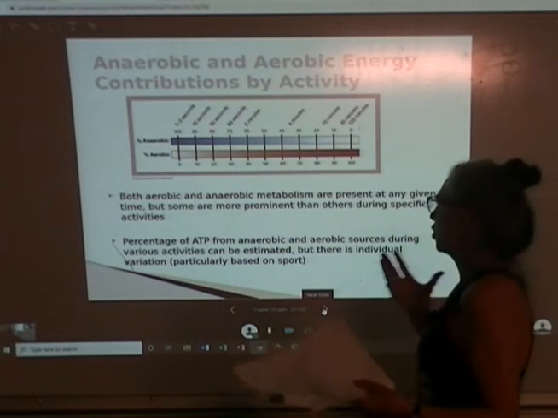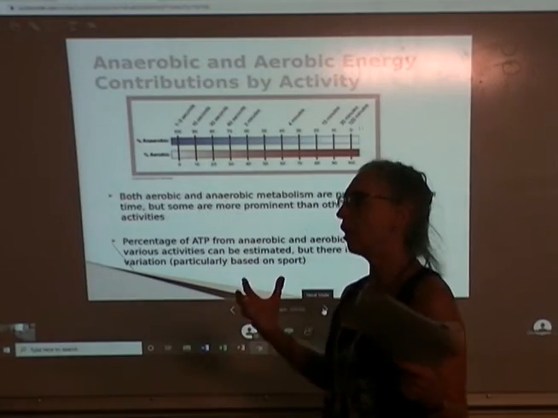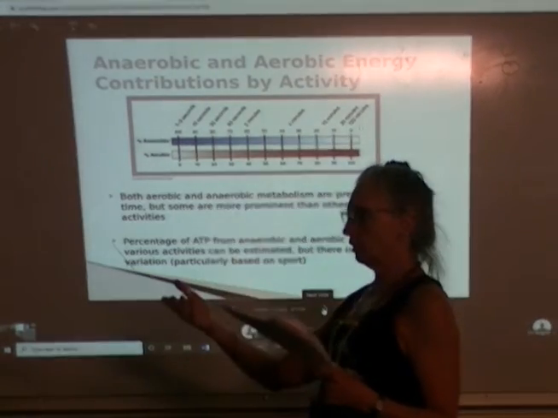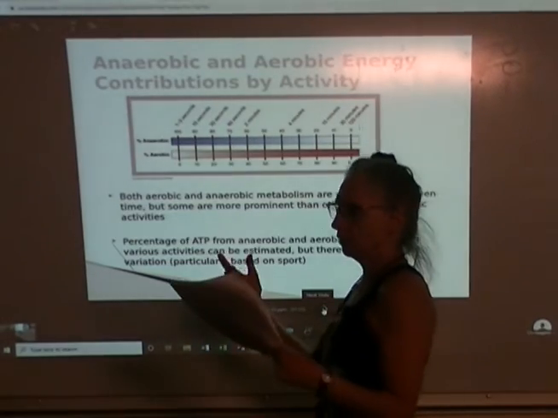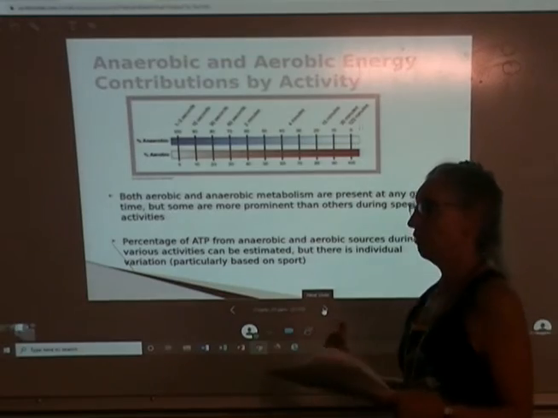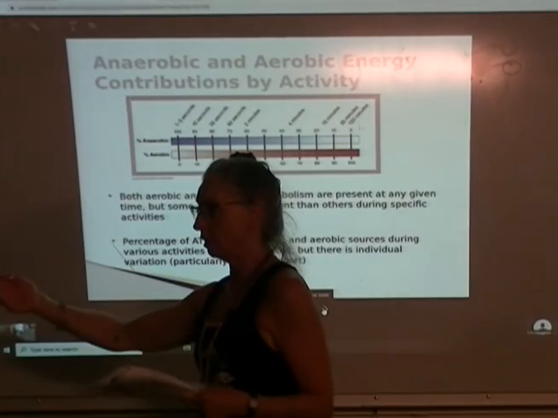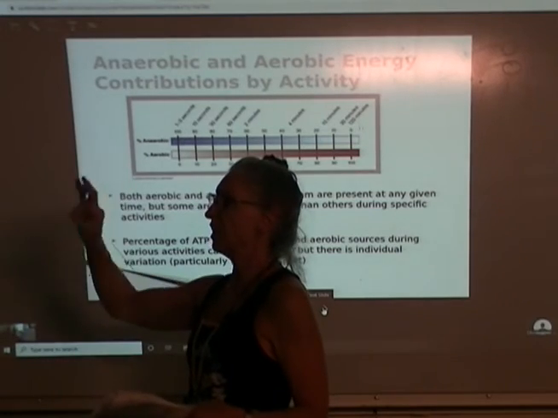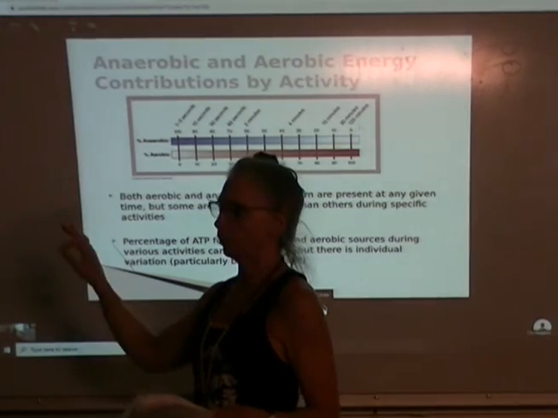So these percentages are an important idea to be thinking about, right? The longer the sprint, the greater the amount of ATP that's going to come from glycolysis. So if I'm doing a 400-meter sprint, 400-meter hurdles is the killer physiological event on the planet.